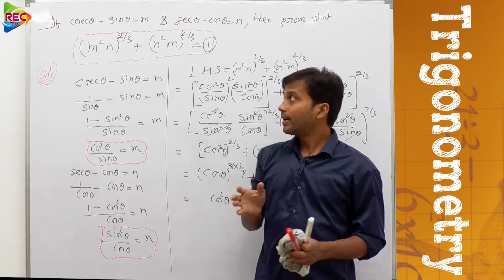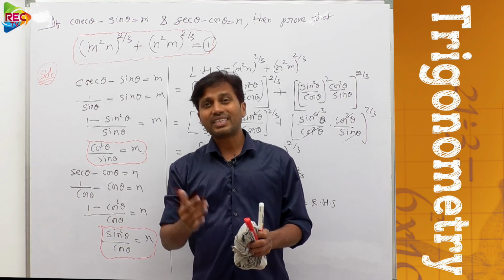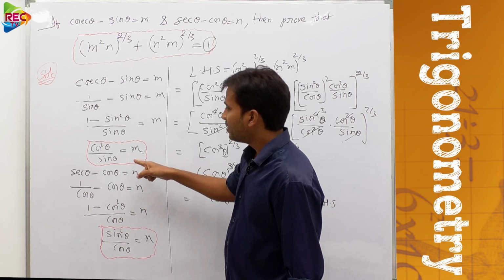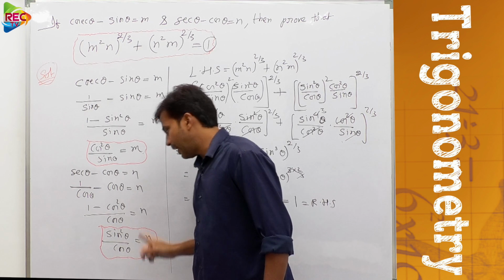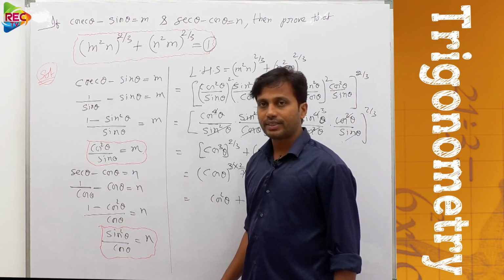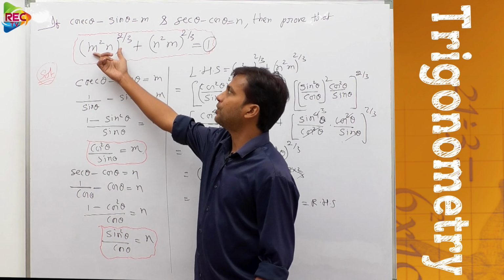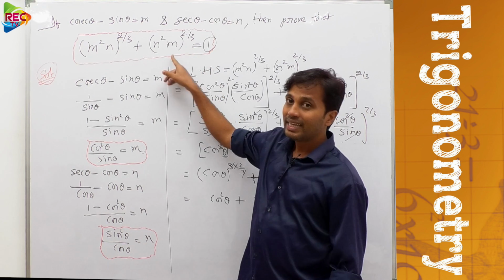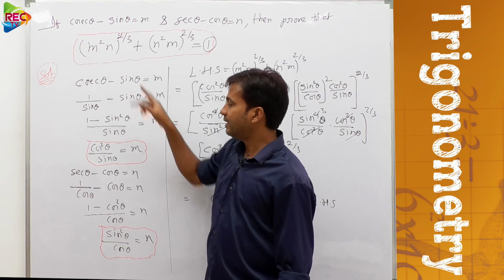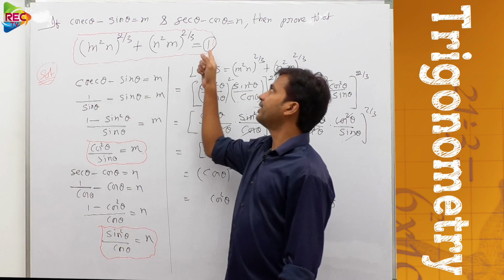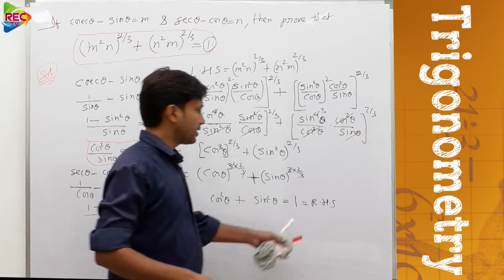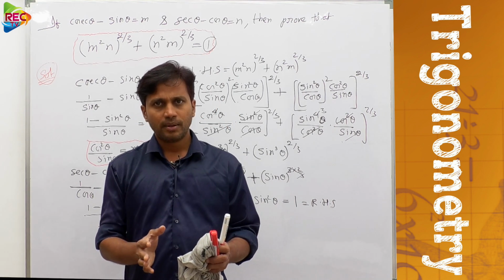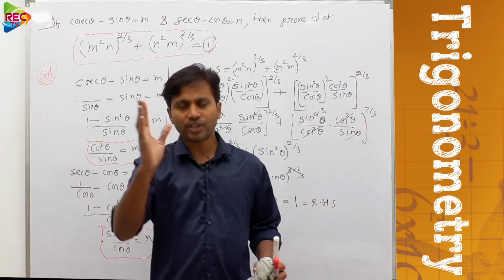We need to get the values of m and n in terms of sin and cos theta in a simplified pattern, and we obtained them as m equal to cos square theta by sin theta, n as sin square theta by cos theta, and we just substituted in the LHS part, that is m square n whole power 2 by 3, n square m whole power 2 by 3. We substituted the values of m and n in terms of sin and cos thetas, and we obtained RHS equal to 1, which is our answer. Like this we can solve it. Okay, it is just solving skills. By doing long practice you can get it, and think smart and focus.